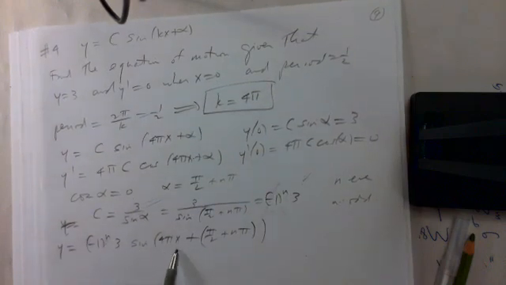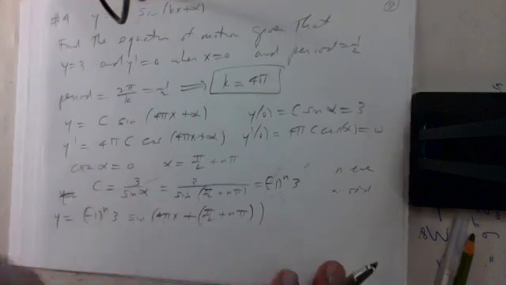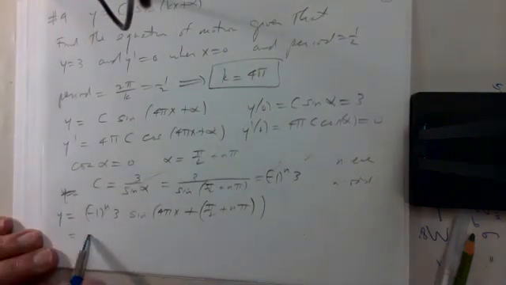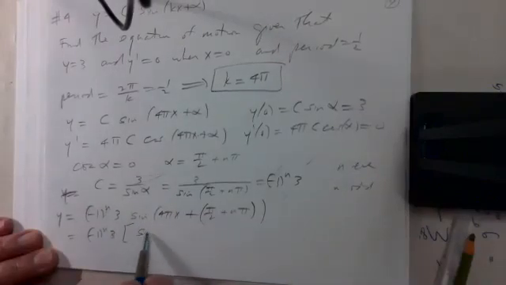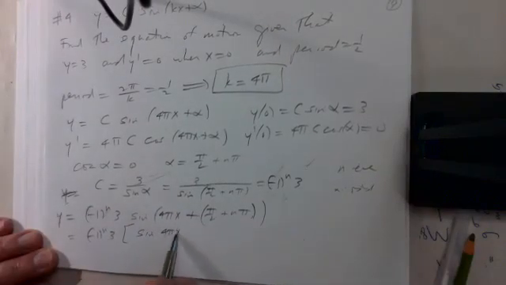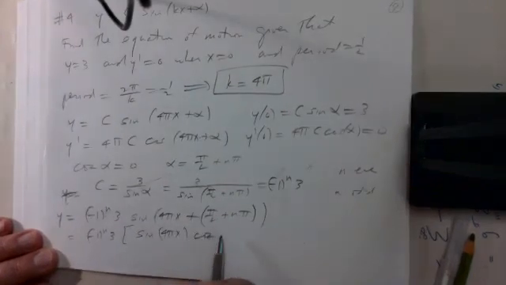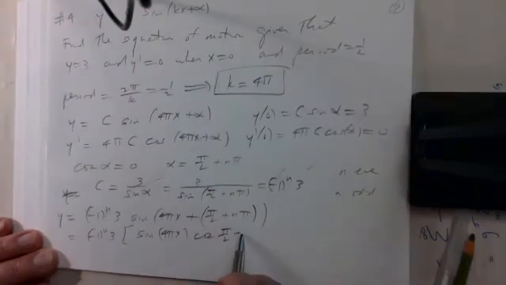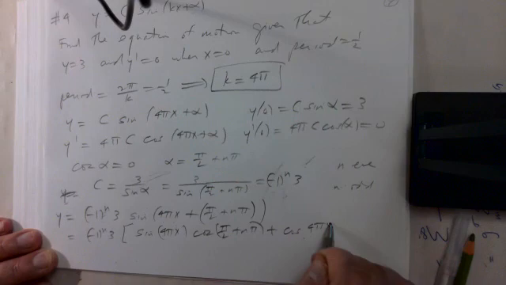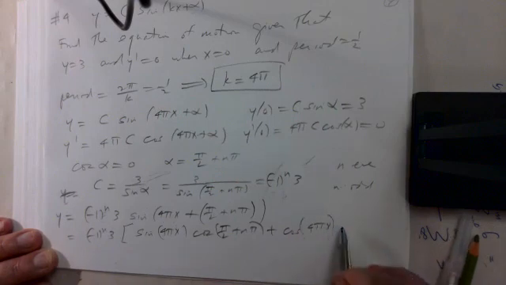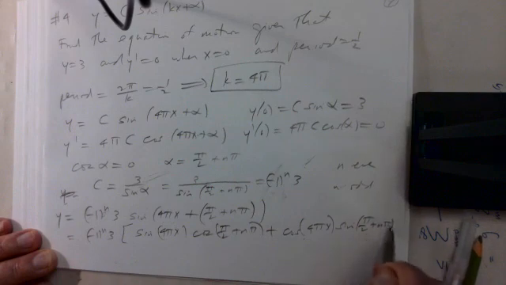Then we expand this using the addition formula for the sine. This is minus 1 to the n times 3 times the sine of 4 pi x times the cosine of pi over 2 plus n pi, plus the cosine of 4 pi x times the sine of pi over 2 plus n pi.